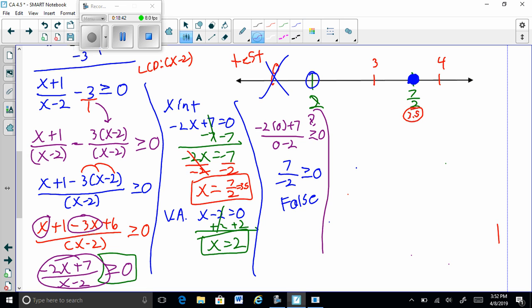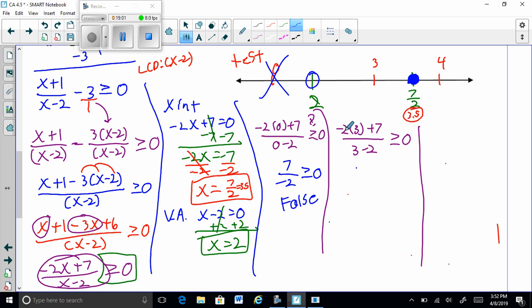Okay, let's go ahead and try 3 now. So let's see, we're going to have -2 times 3 plus 7 all over 3 minus 2. We want to figure out if that's greater than or equal to 0.